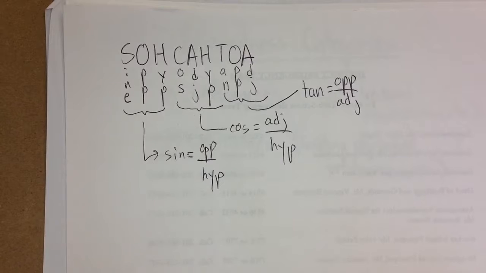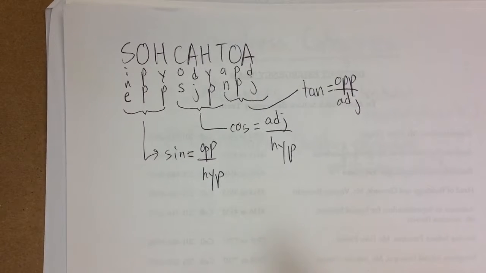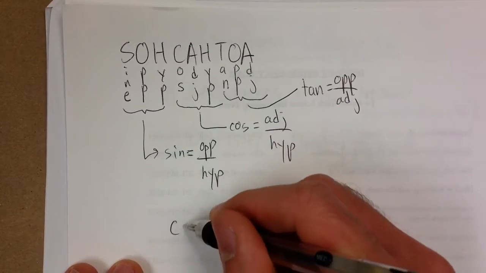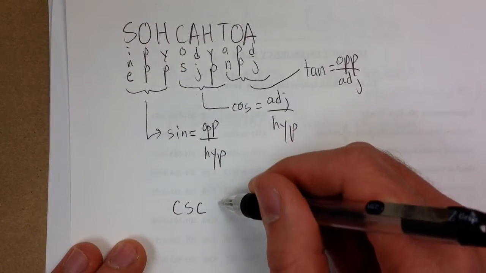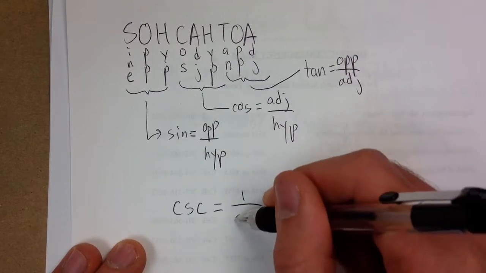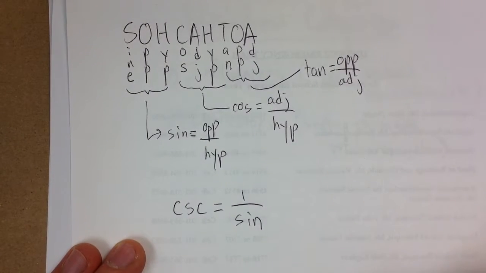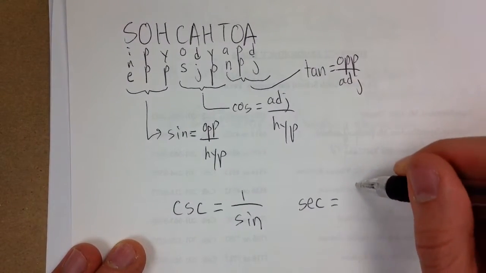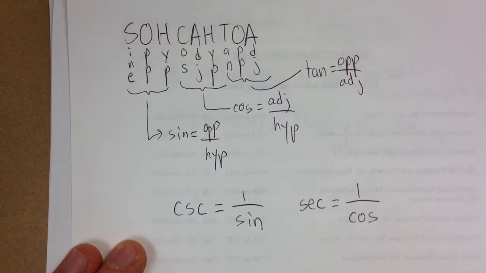Another natural question is, what about the other three? Well, technically you don't need to have a separate thing for the other three, because the other three are reciprocals of these. So if you just remember whose reciprocal, then you'll be okay. Cosecant is sine's reciprocal. Secant is cosine's reciprocal.